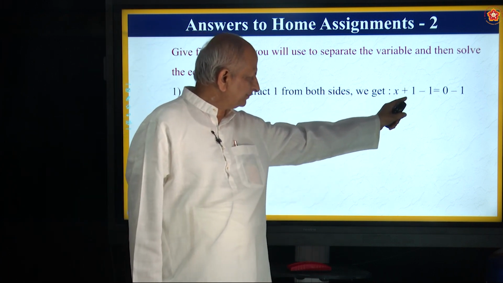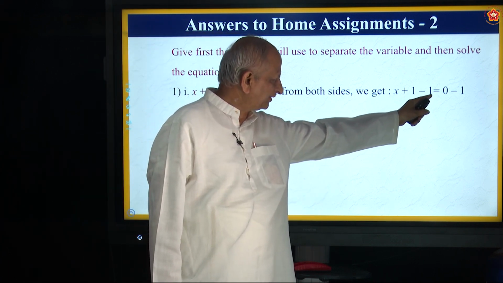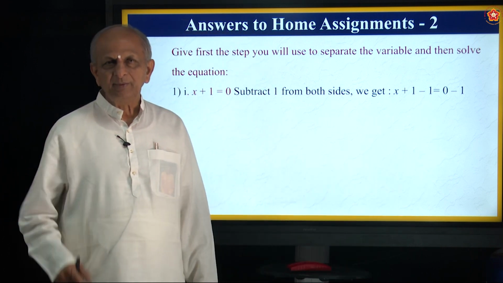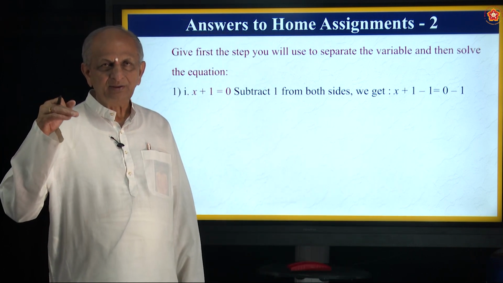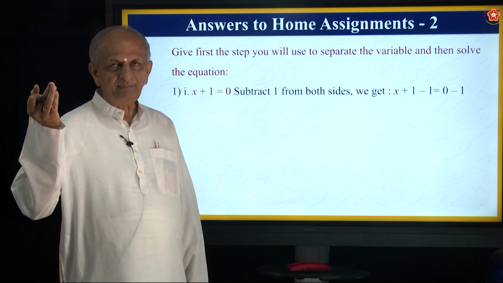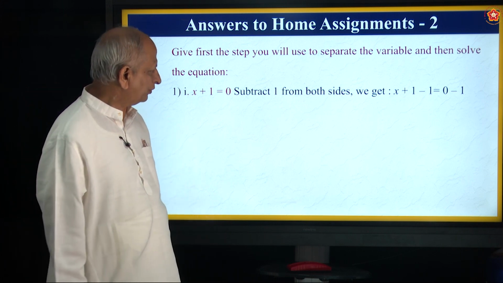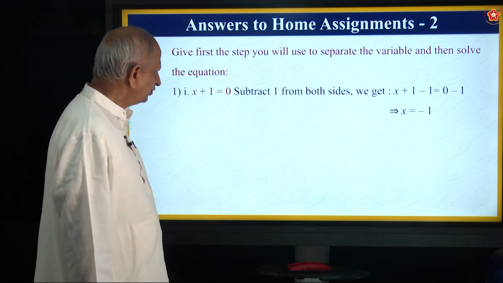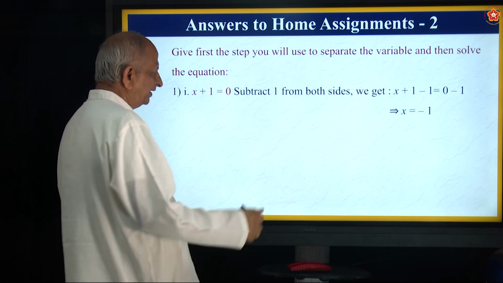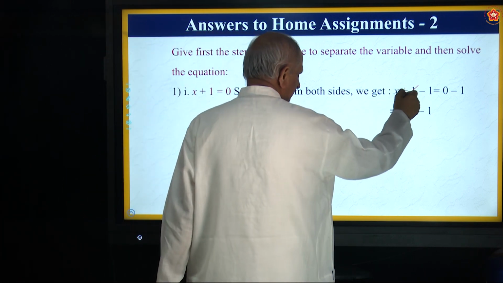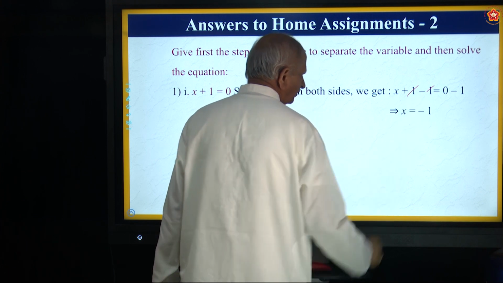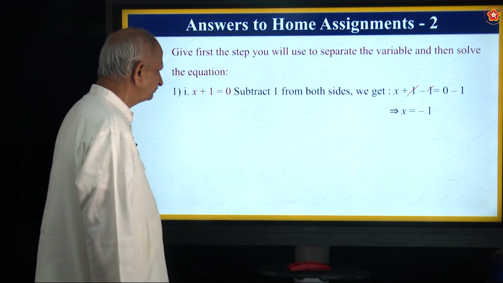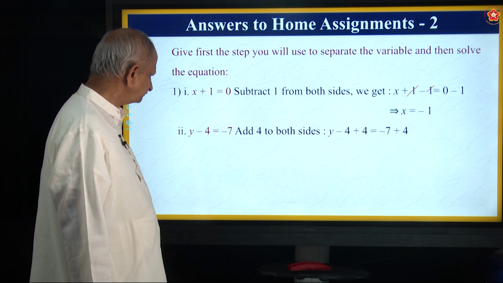That is the first step. If you do minus 1 on the left hand side, you must subtract 1 from the right hand side also. So, what is the answer for that? Here plus 1 minus 1 cancels. So, x is equal to minus 1 is the answer.